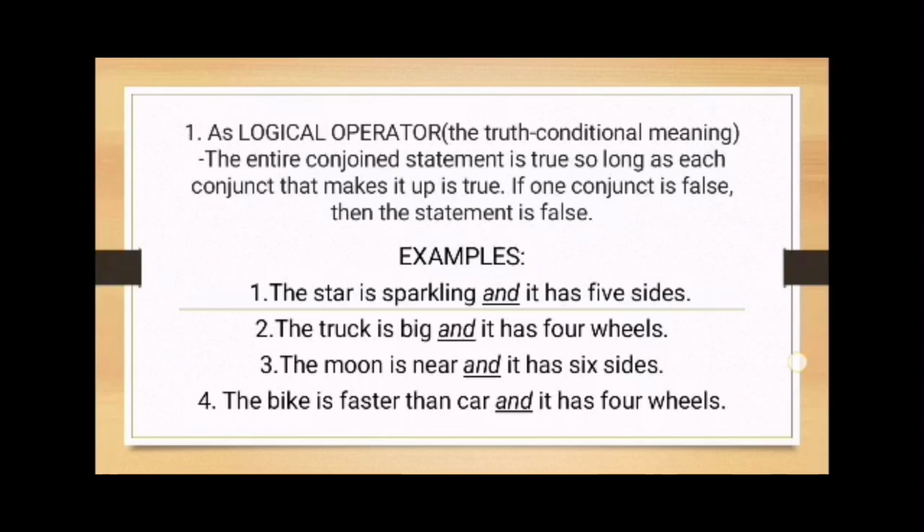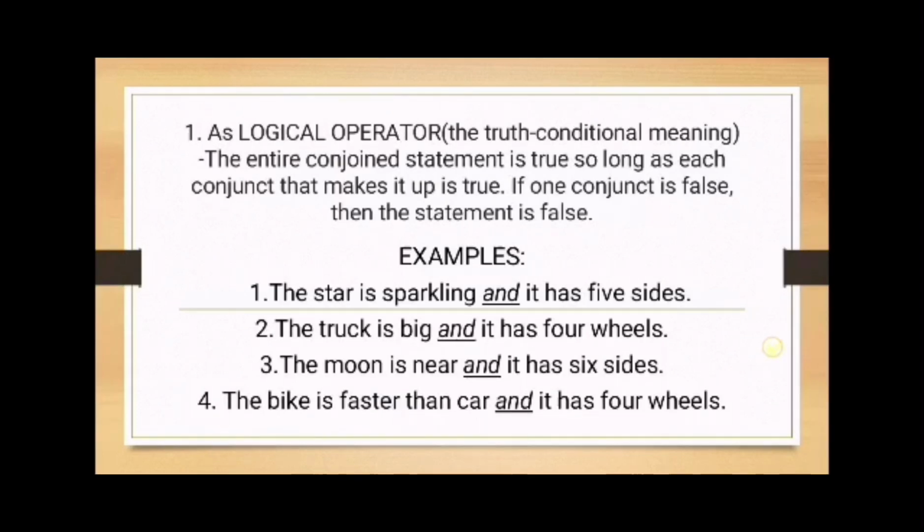Number 1, the star is sparkling and it has 5 sides. This sentence has two true statements connected by and as a logical operator. Number 2 also has two true statements with the use of and, which is underlined in the sentence: the truck is big and it has 4 wheels, which is a true statement.